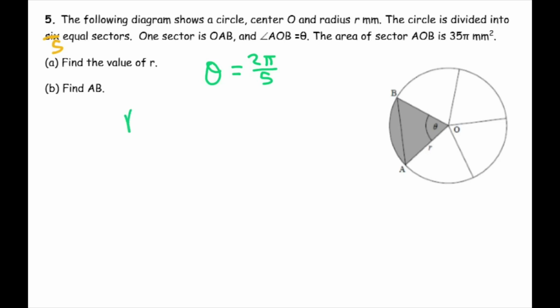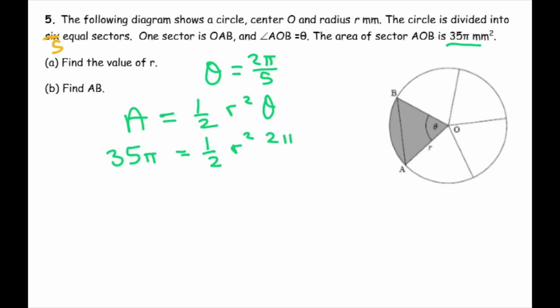Then to find r, we just use our formula. A equals 1/2 r squared theta, and this time our area is 35 pi millimeters squared. We're trying to solve for r, and our angle is 2 pi over 5. Again, I like to go ahead and multiply these two, or you can say these two cancel. So you're just going to have 1/5 pi r squared.